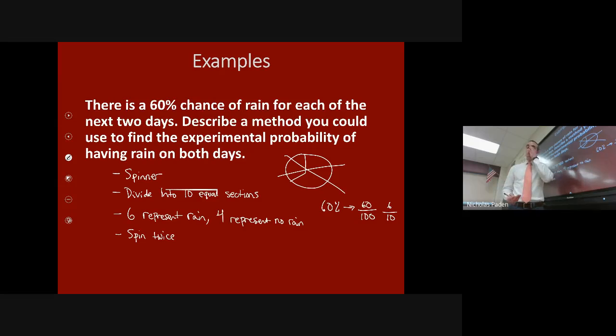If you want to use marbles in a bag, you just need two colors, rain or no rain. Blue represents rain, red represents no rain. There would be 6 blue marbles and 4 red marbles, 10 total, for 60% rain, 40% no rain. So think about how you would have to split these up if the probabilities are not the same.